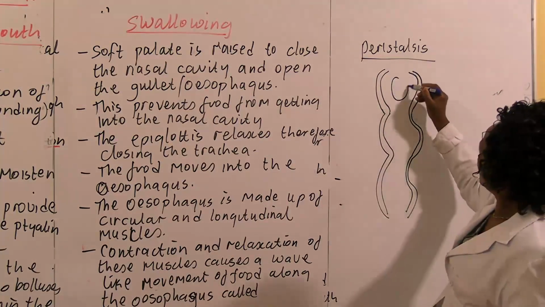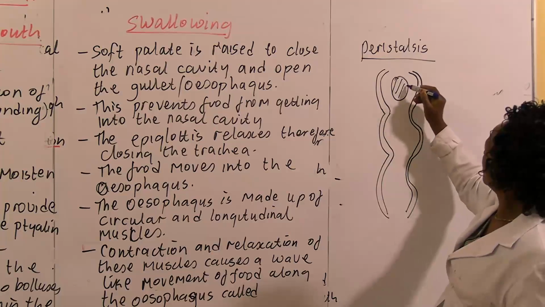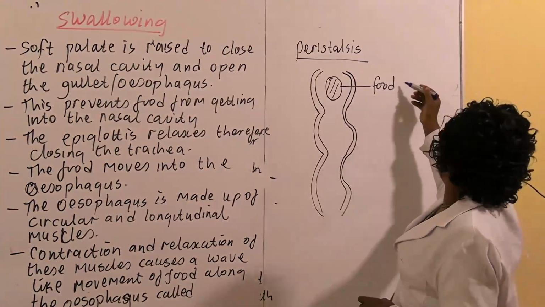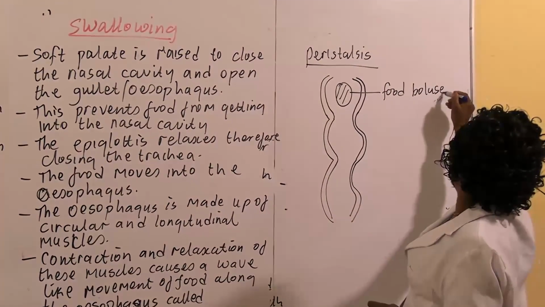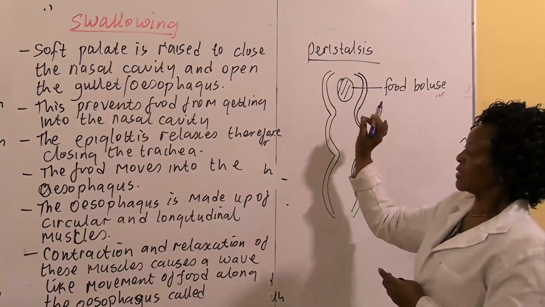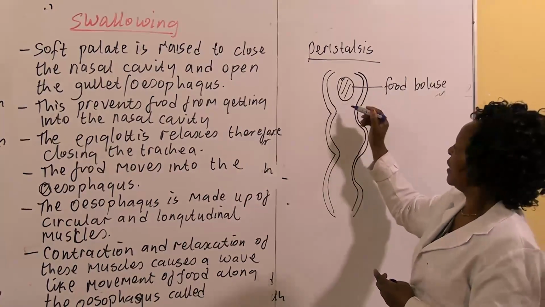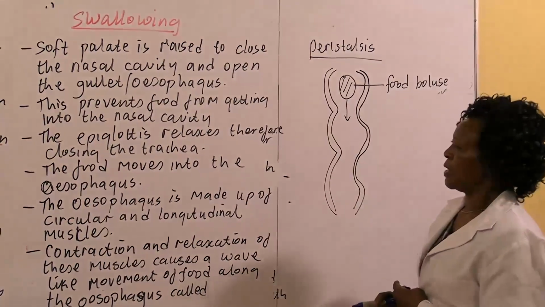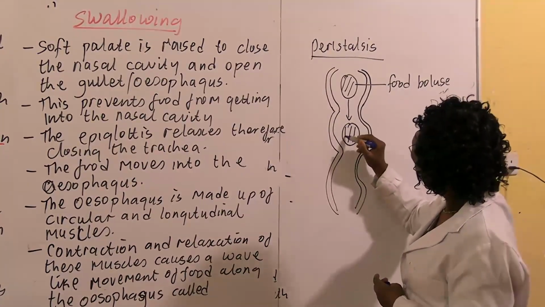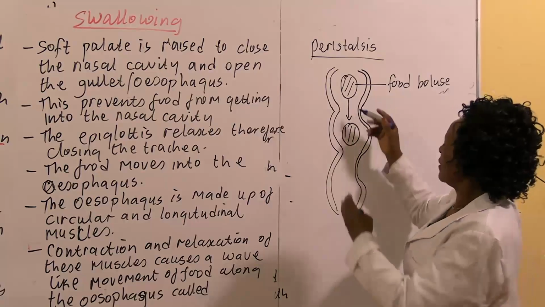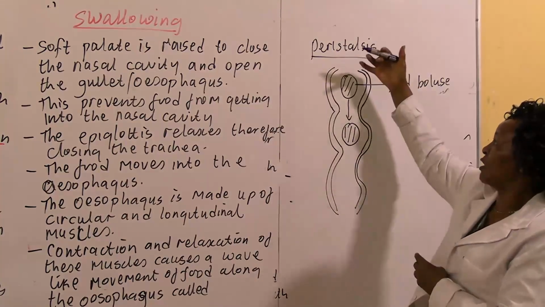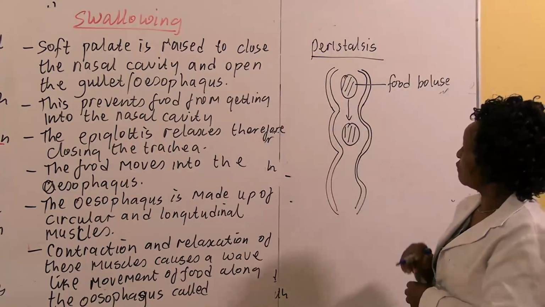So if this is our food particle, this food bolus, when the circular muscles at this point contract, they push this food mass to the next part. At the same time, the original part will relax, therefore it will be ready to receive another bolus from above.